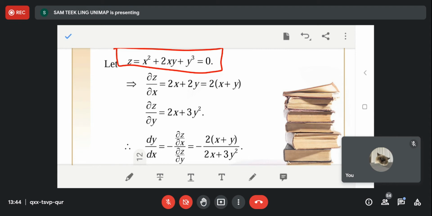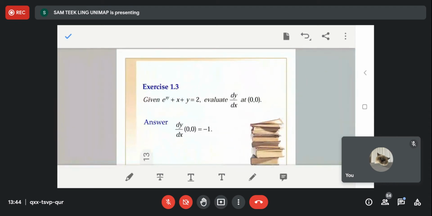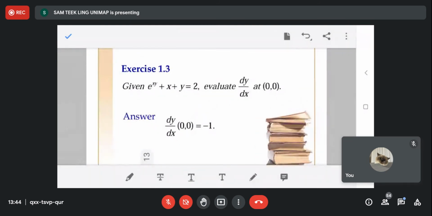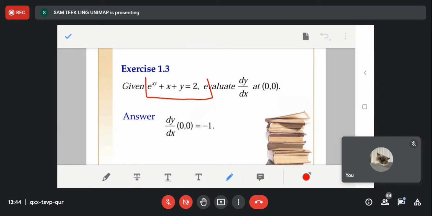You can see the exercise, exercise 1.3. Given the function, evaluate dy/dx at 0, 0.